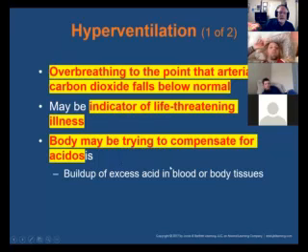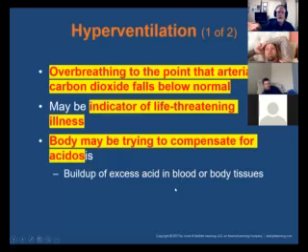Quite frequent, and that would be respiratory compensation for increasing acidity of the blood and tissues. We call that hypercapnia, that CO2 level going up, and that makes the blood more acidic.